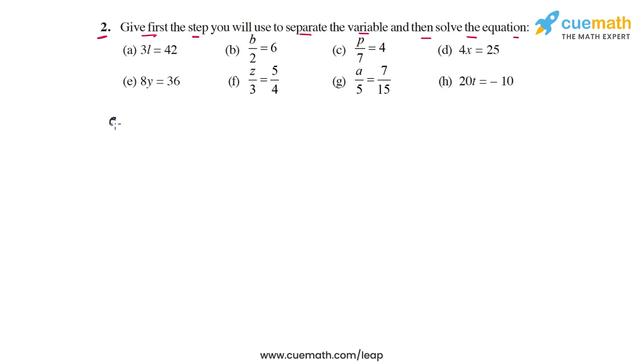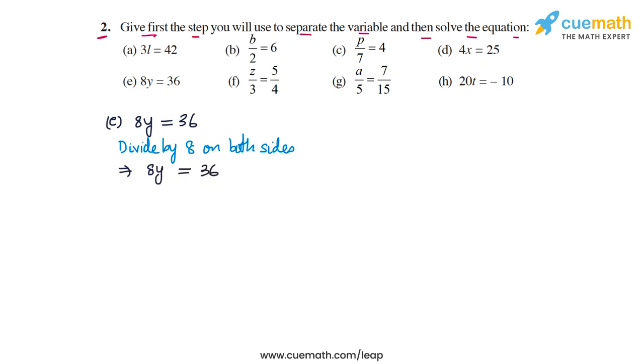In part E, the equation is 8y is equal to 36. So to separate out the variable y, we will divide by 8 on both sides. So that's our first step. Divide by 8 on both sides. Now the original LHS is 8y, the original RHS is 36, and let's divide both of these by 8.